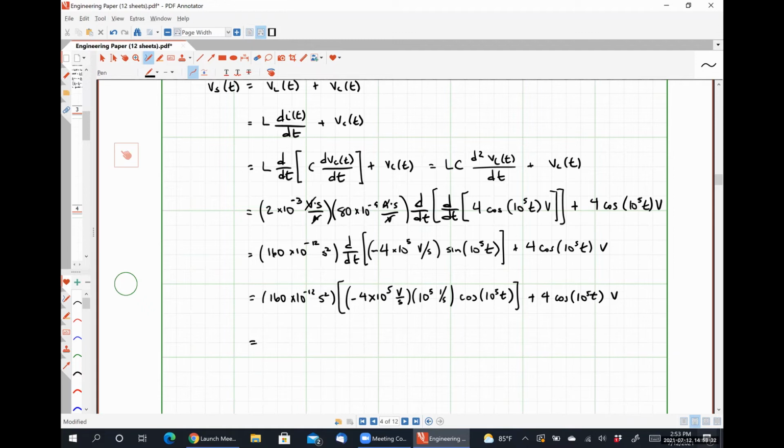Looks like -6.4 cosine 10 to the 5t plus 4 cosine 10 to the 5t. Both of these have units of volts. It's just going to look like -2.4 cosine 10 to the 5t volts.